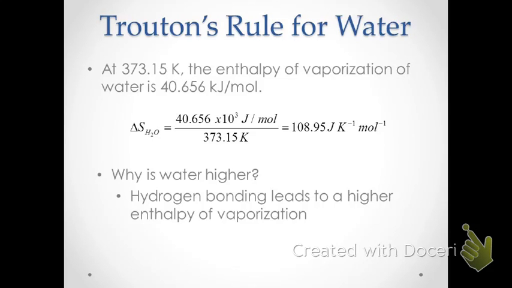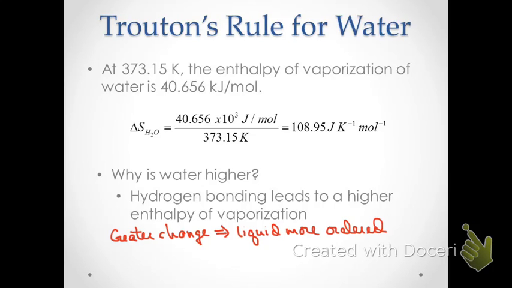The reason is that water has very unusual properties to begin with, as we've said time and time again. The special properties of hydrogen bonding, which give water its very unusual properties and make life possible on this planet, lead to a much higher value than expected for the entropy of vaporization at the boiling point.